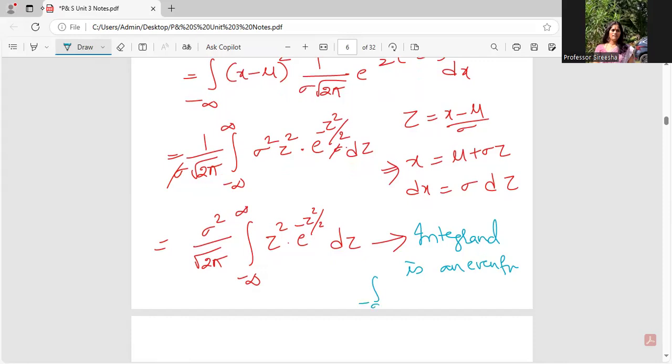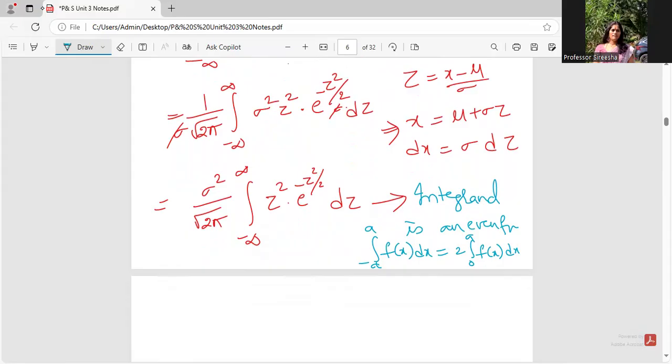The integral from minus a to plus a of f of x dx would be twice the integral 0 to a of f of x dx. If it is an odd function, then its value would be 0. Okay. So I'll be writing that version of it: sigma squared by under root 2 pi into twice the integral 0 to infinite z squared e power minus z squared by 2 dz.